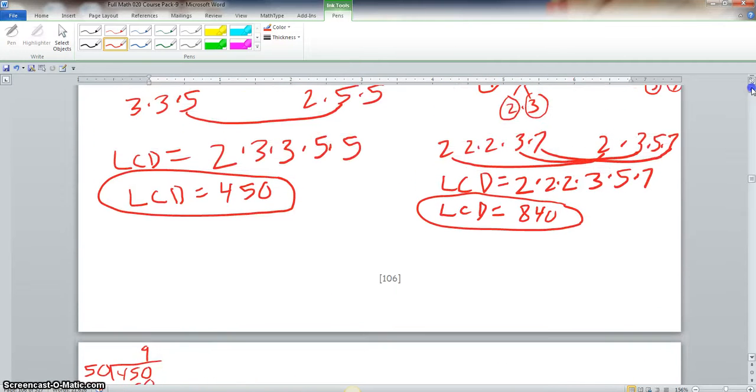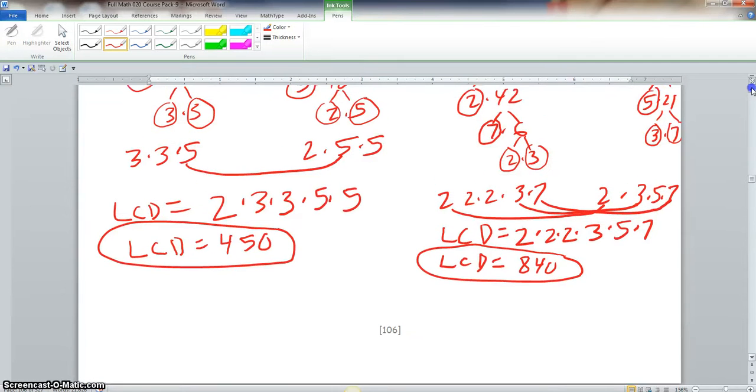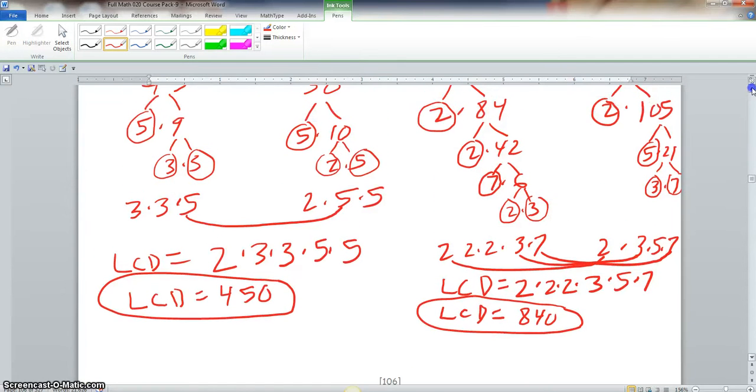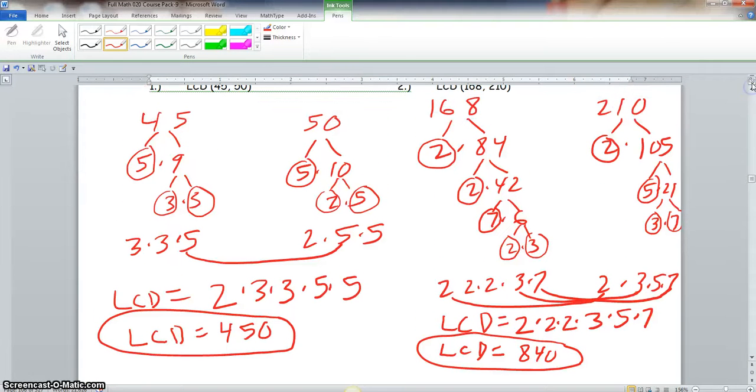Remember, we found a prime factorization of 168. Now the prime factorization of 168 was 3 2s, a 3, and a 7. So what we need to do to find out what we need to multiply by the 168 is to take out all of the numbers that we have for 168.